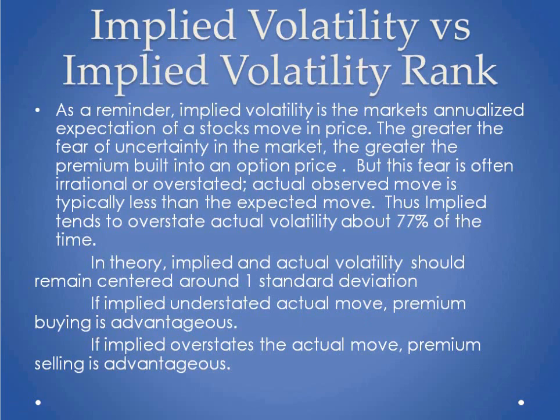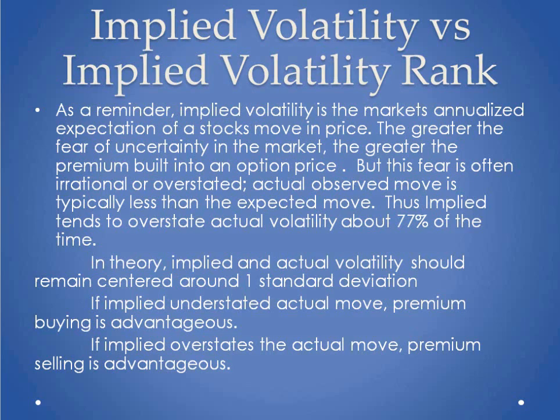So over the course of time, if something is very volatile, implied volatility may be a little bit less than for a stock that is usually pretty steady and all of a sudden starts spiking, moving up and down dramatically. Implied volatility for that stock will have more of an impact. And the greater the fear and uncertainty in the market, like around earnings, the greater the premium built into an option's price, which is what we talked about.